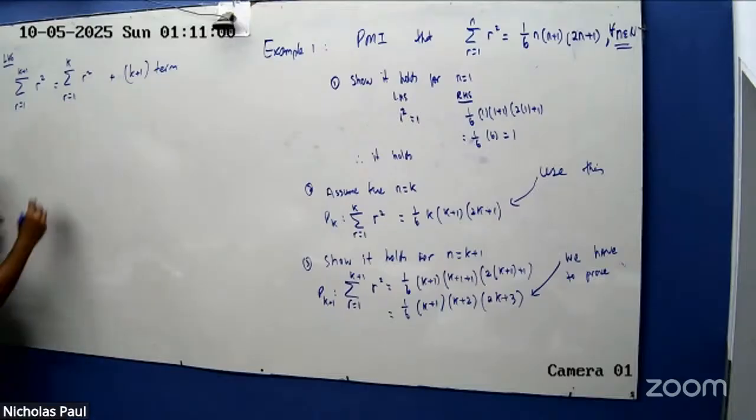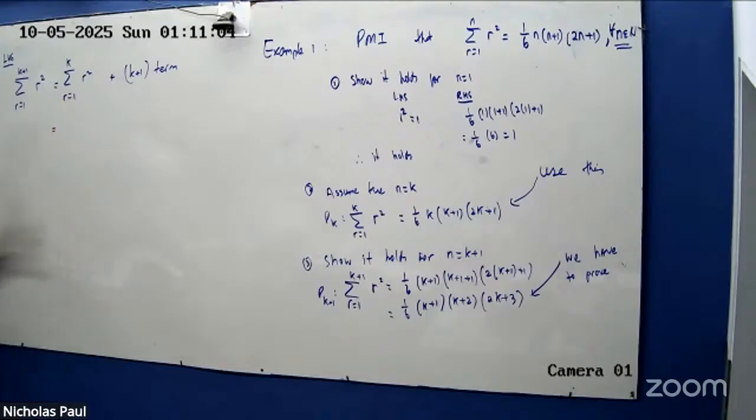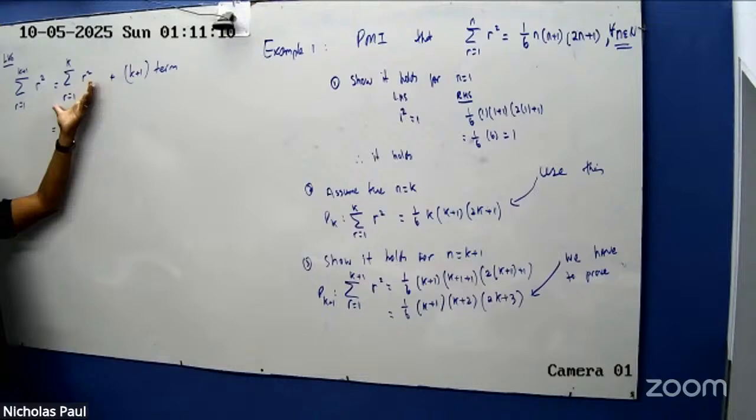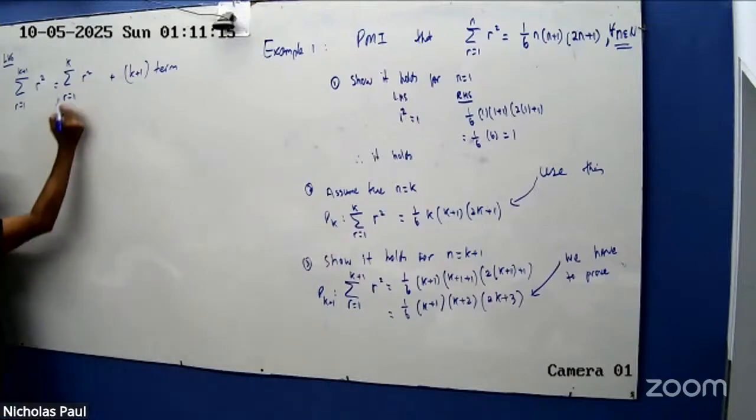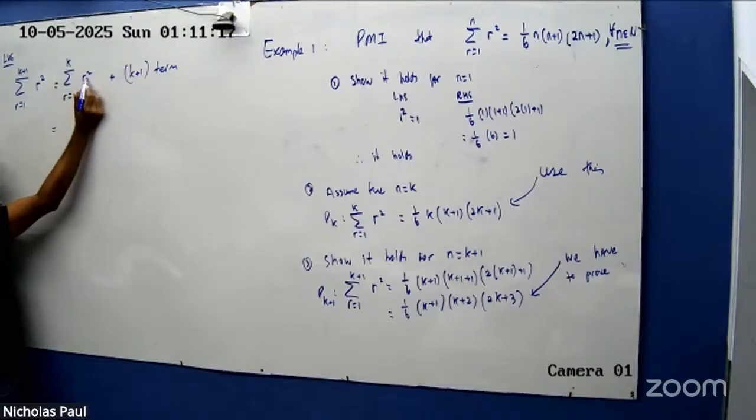Right. Quick question. Everybody okay with the first line? This was shown to you a while ago, right? And we know what this is. We know that the summation of r going from 1 to k of r squared is this.